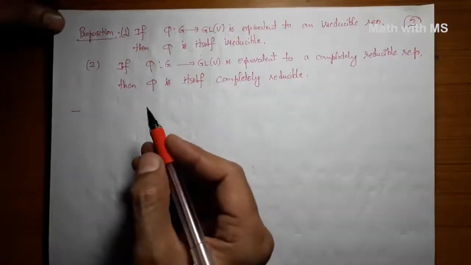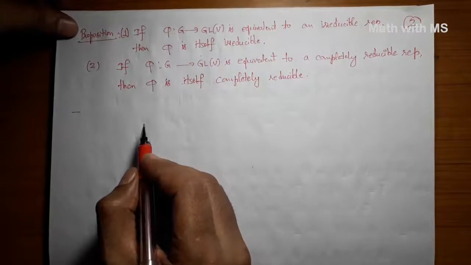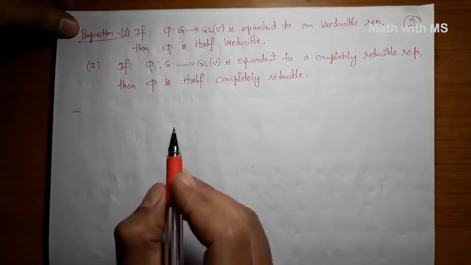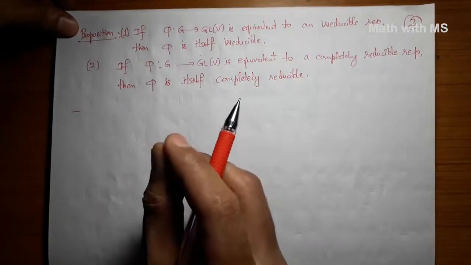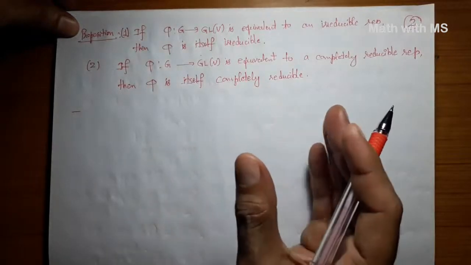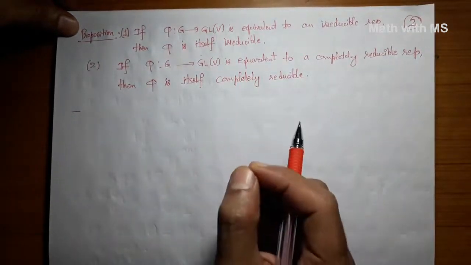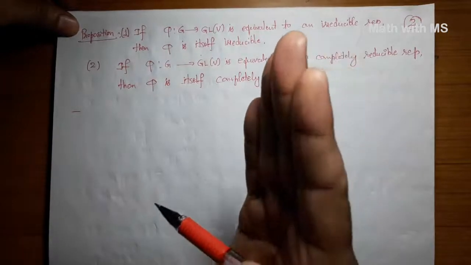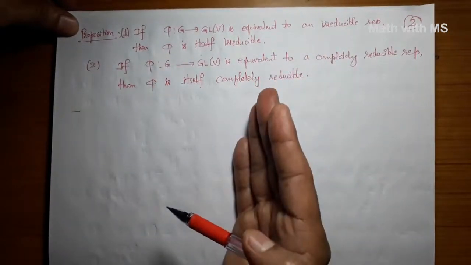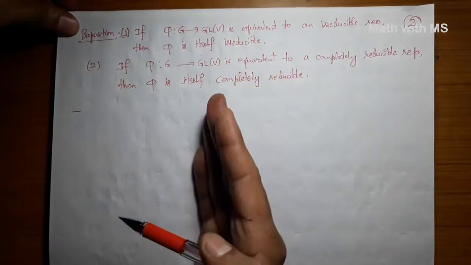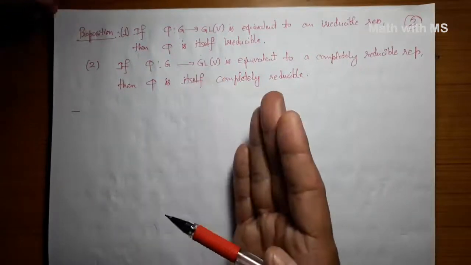So let us come to the point that I was discussing in the last video. I want to show that each representation of a group is equivalent to a representation which has this interesting property, that whenever it has a proper G-invariant subspace, then it is decomposable. What is the difference between the two?